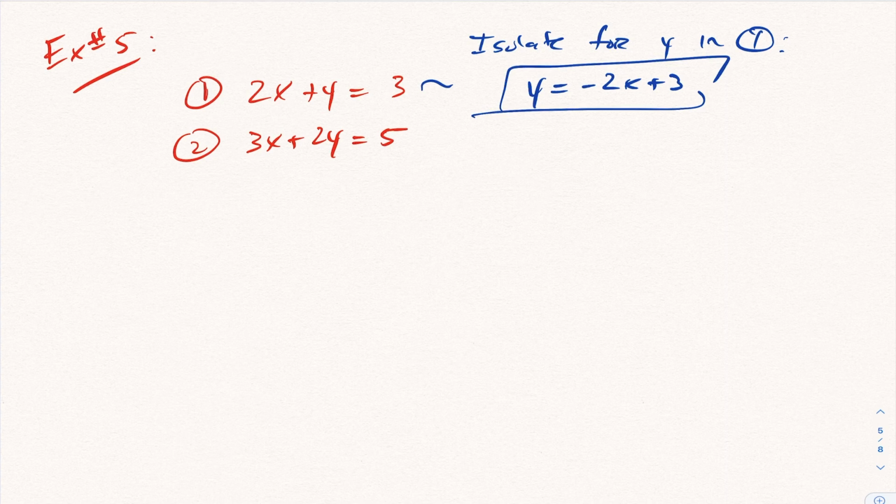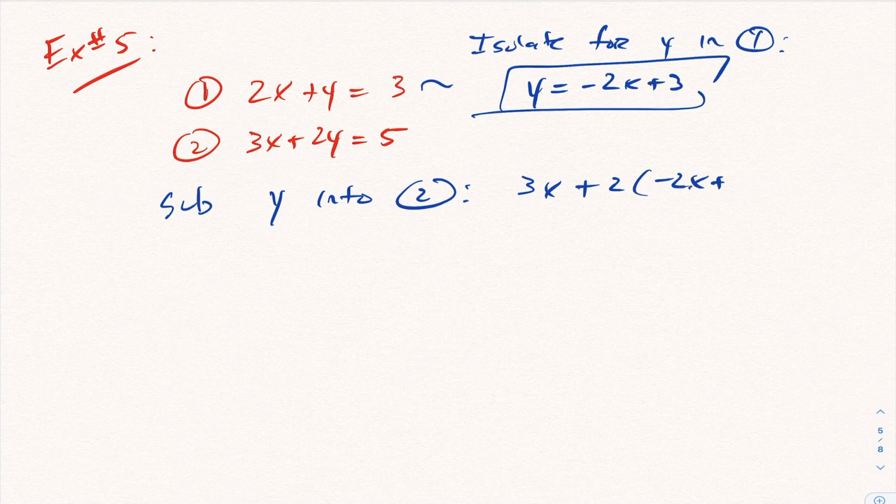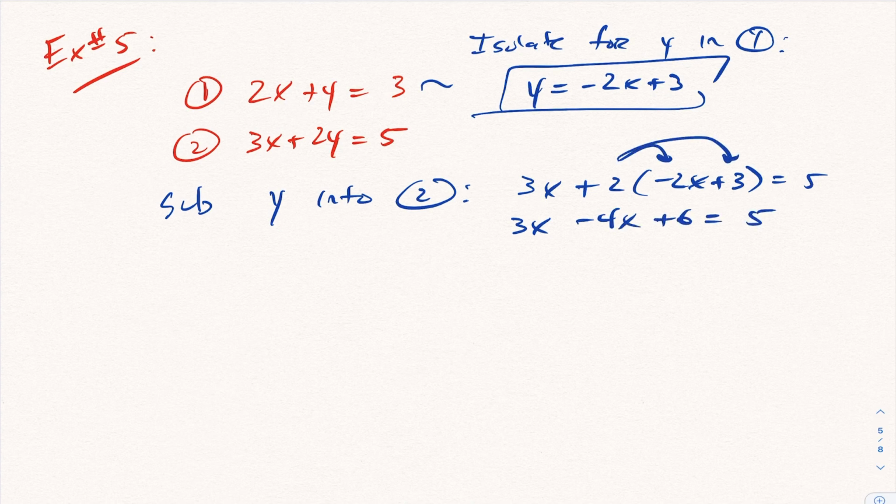And then I'm going to sub y into my other equation. So now we have 3x plus, it's not a y anymore. And then we can go ahead and solve this, right? Do your distribution. And we get negative x plus 6 is 5. So I'm getting here x is 1.